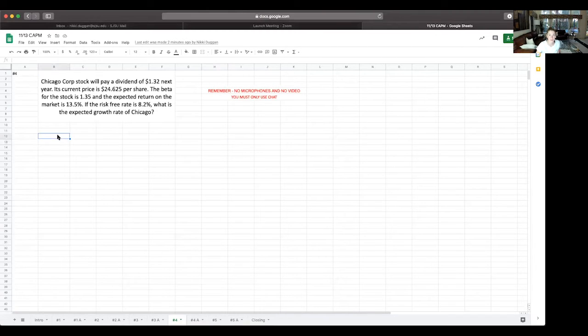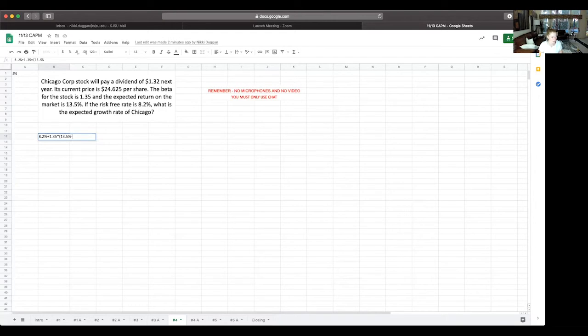For this problem, you're going to be using your CAPM, and it's the same equation as always. So the way that you're going to do it and solve it is you have your risk-free rate of 8.2%, and then you add in your beta of 1.35, and you multiply that by your return on market, which is 13.5%.